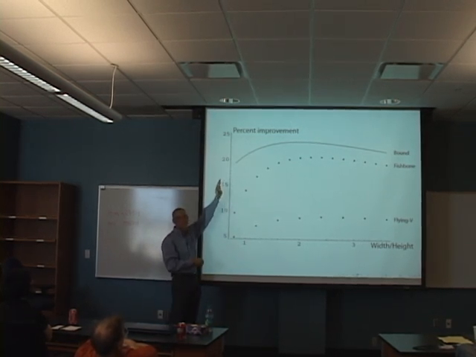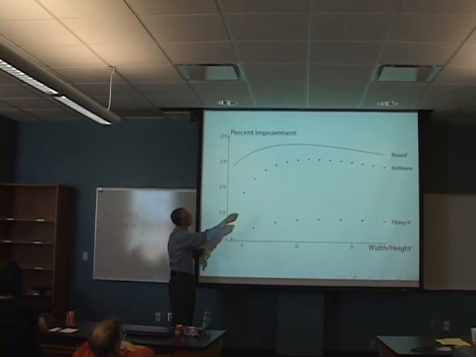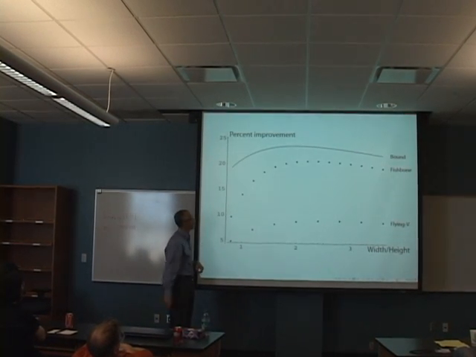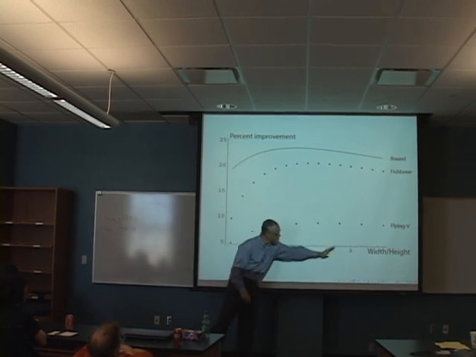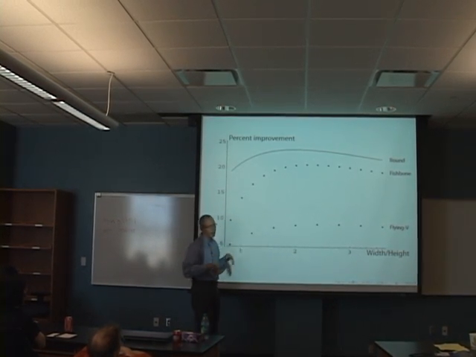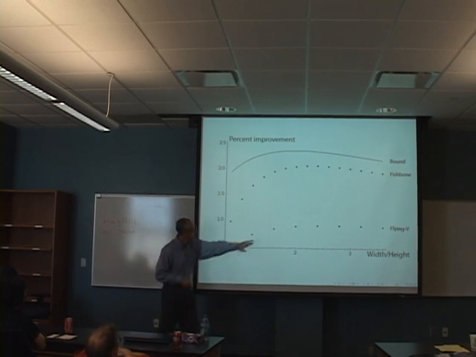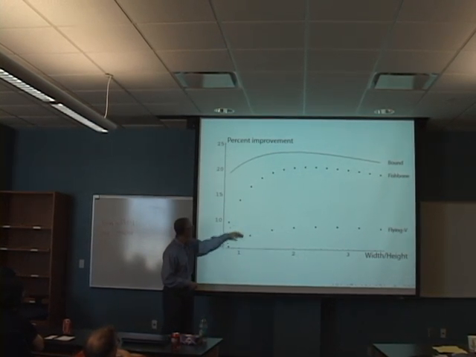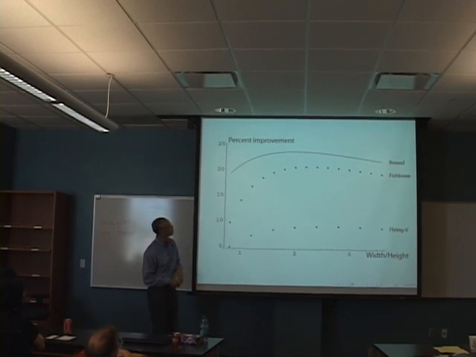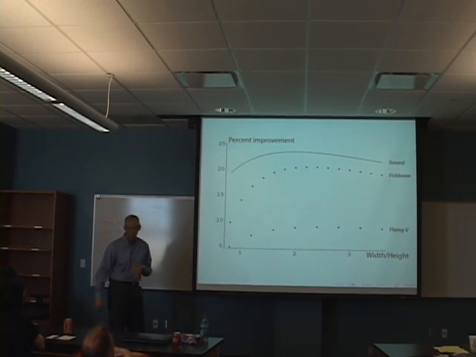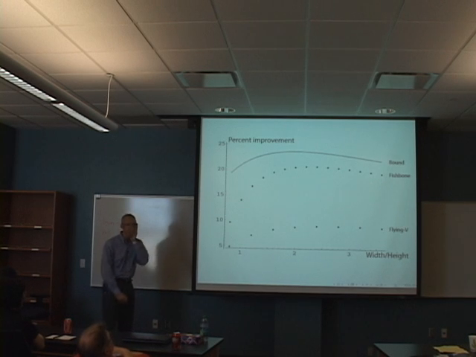So this is what that percent improvement would be if I could fly like a bird. That's the bound. This is what the fishbone design gives me for different height to width ratios of a warehouse. And then this is the flying V, which is inferior. About 10% for large warehouses and about 20% for fishbone. Any questions on that so far?